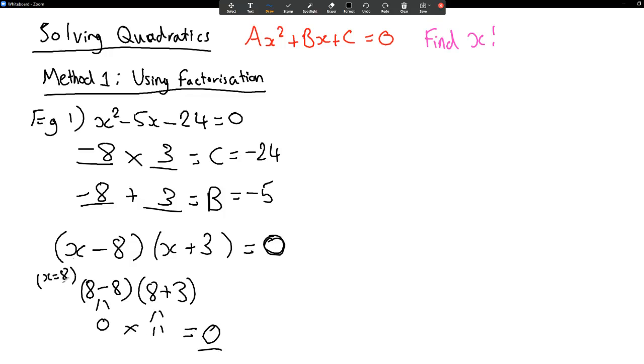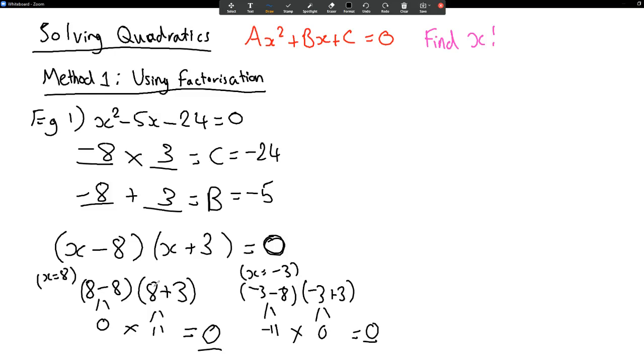So we know that if x equals 8, this will equal 0. Similarly, if x equals minus 3, we get minus 3 minus 8, which is minus 11, multiplied by minus 3 plus 3, which is 0. As you can see, that's also 0.